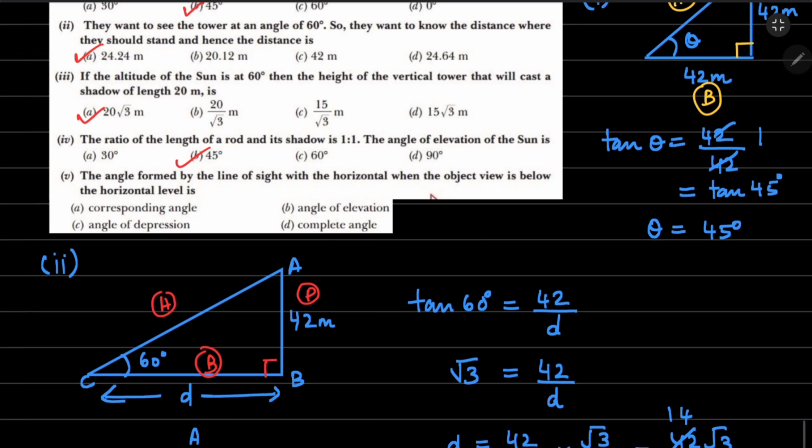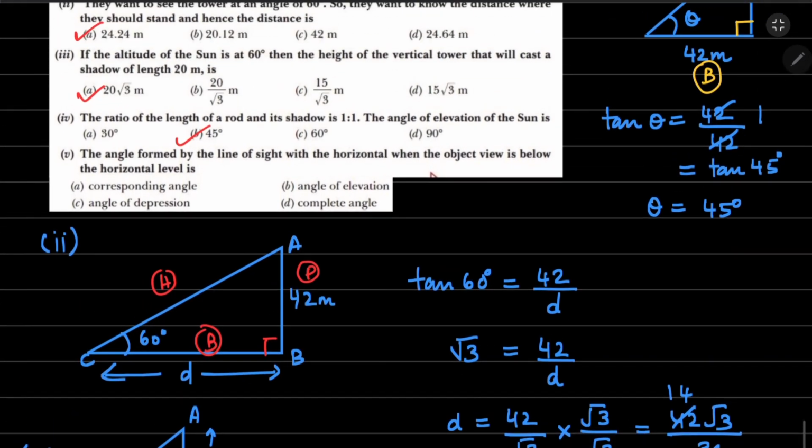Okay. Next question. The angle formed by the line of sight with the horizontal when the object views below the horizontal level. Let me do it here itself. This is the fifth question. So suppose this is the observer, right?